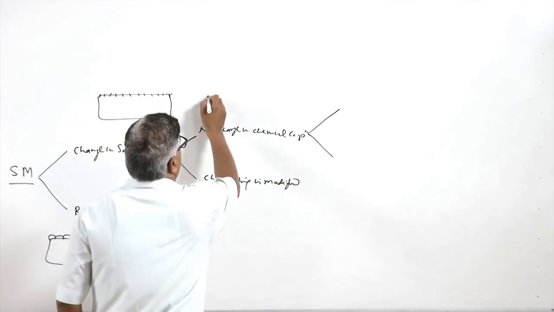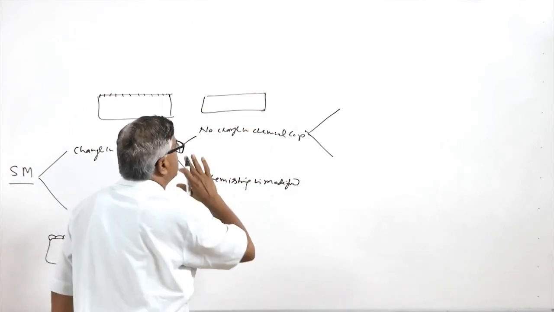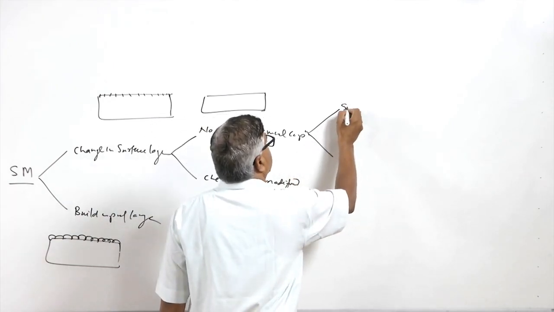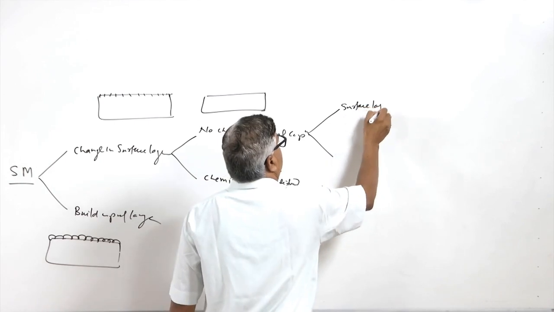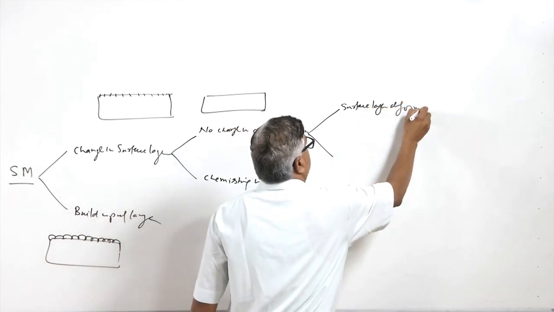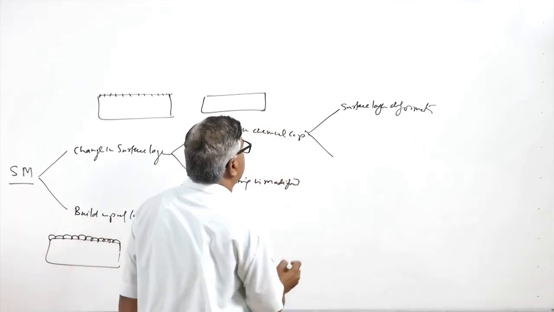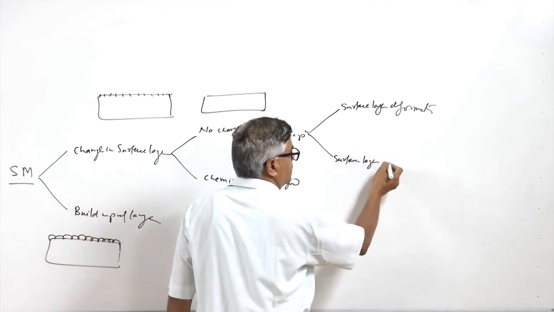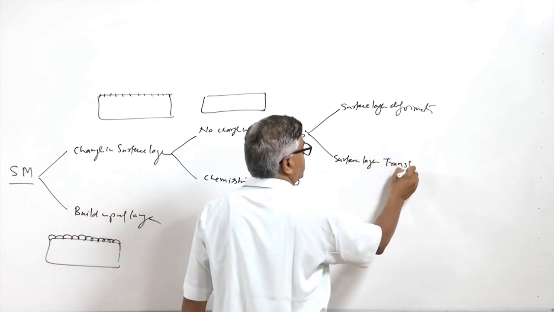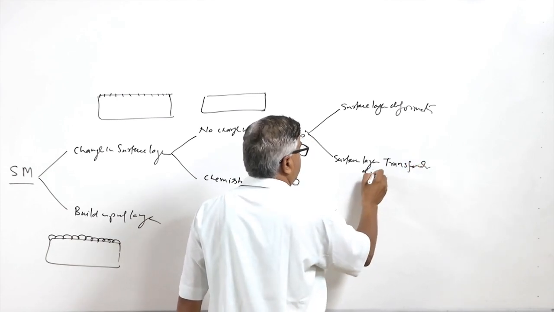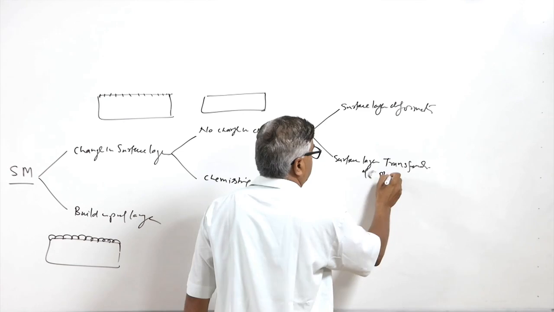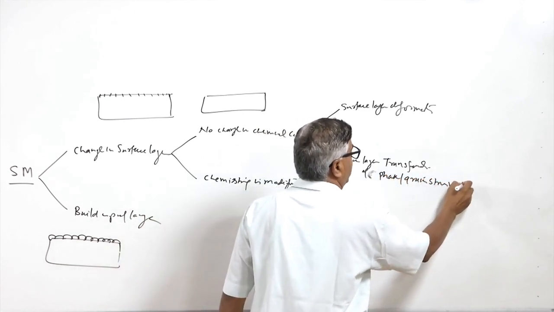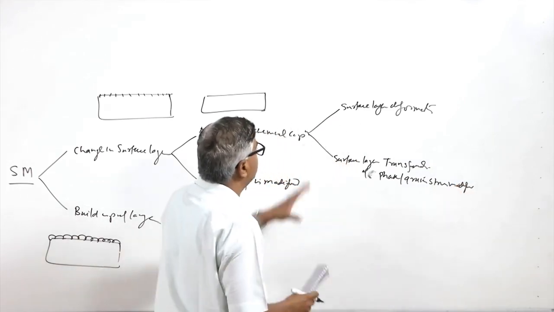One is surface layer deformation, and in the second, surface layers are subjected to transformation of phases or the grain structure is modified. So basically microstructure modification is realized in the second group.